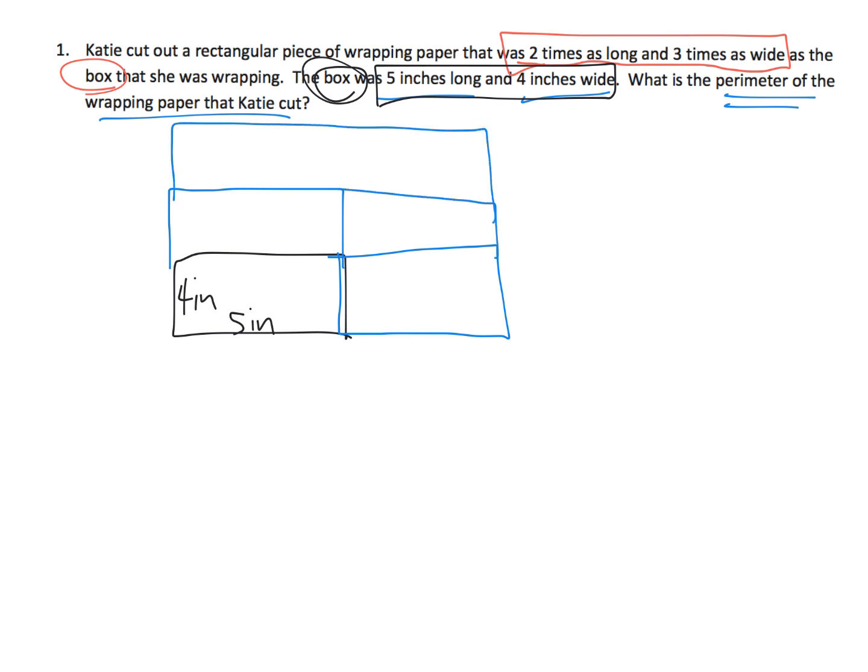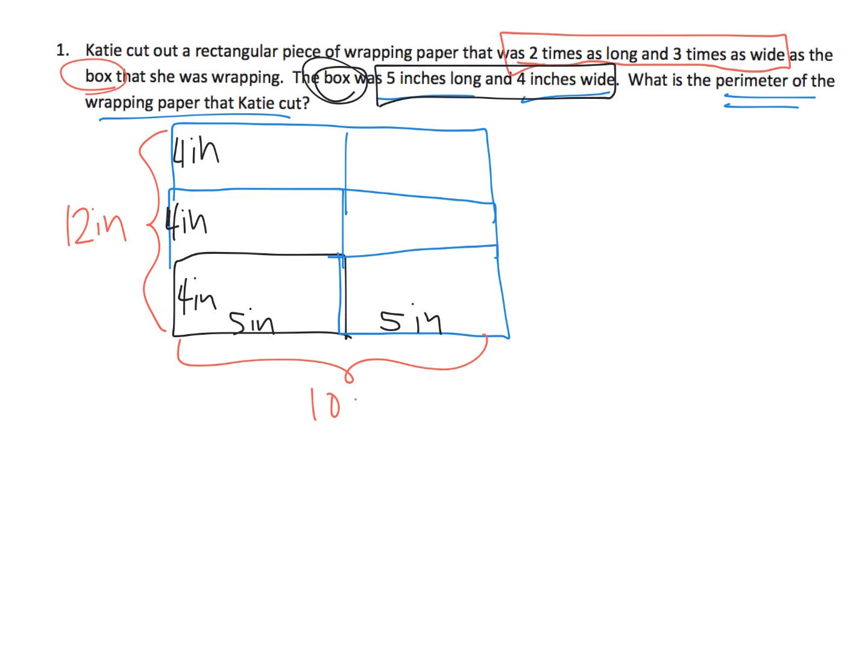Oh my goodness, my drawing is horrible. But the idea would be if this is 5 inches, then this is 5 inches. And if this is 4 inches, then this is 4 inches. And this is 4 inches, so our width becomes 12 inches, and our length becomes 10 inches.